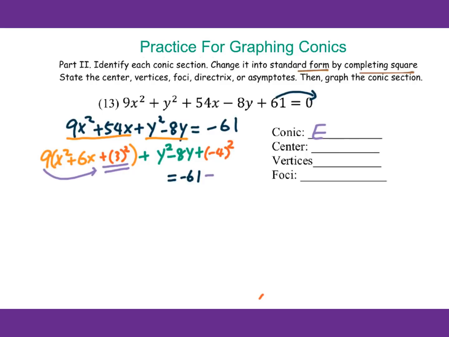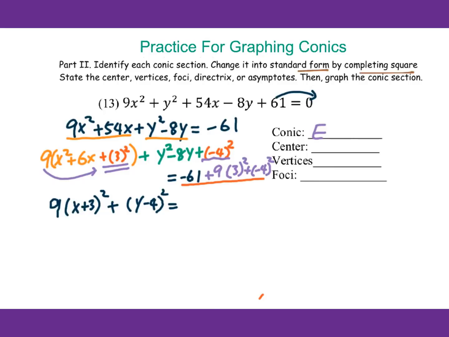You have to add it to the right side. So 9 times 3 squared. Then add a negative 4 squared. We don't have any factor before that. So we do completing the square. We got 9 times x plus 3 squared plus y minus 4 squared. We work this out. You will get 36. Then you divide it by 36.